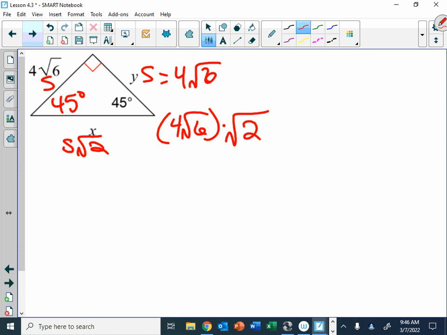So open a parentheses, type in 4 times the square root of 6, get out of the square root before you close your parentheses, then multiply it by the square root of 2. If you don't close outside the square root, it's going to give you an error. So what do you get? 8 square root of 3.